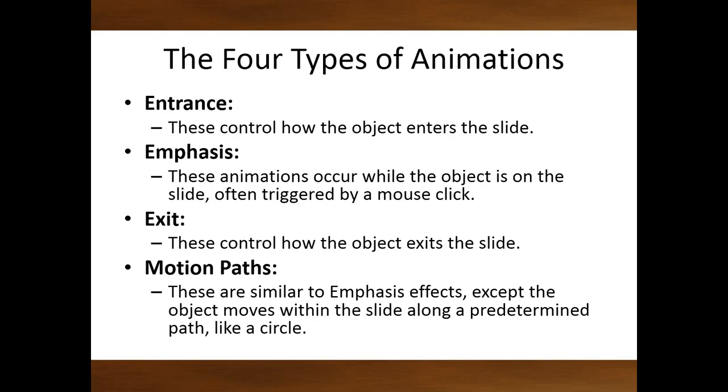Emphasis. These animations occur while the object is on the slide, and this is often triggered by a mouse click. That is, when the object displays on the screen and you want to show emphasis on that particular object or point, then we apply the emphasis animation. But it will only trigger when we press a mouse button.